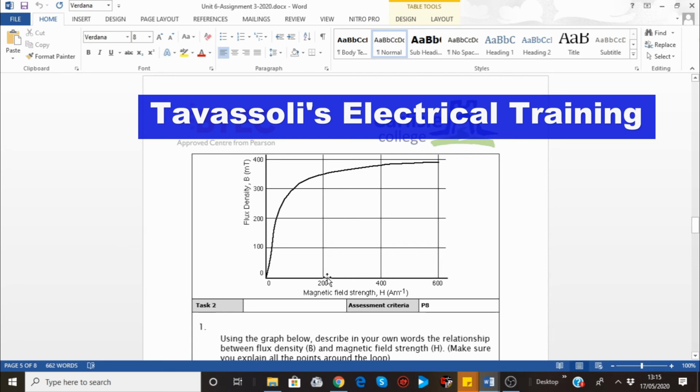You come down, it is 200. So H is 200, where B is 350. So when B is 350, H is 200.